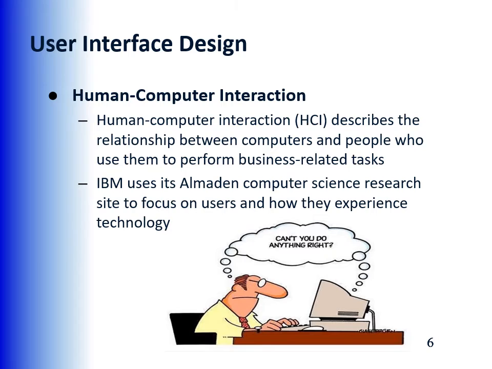Okay, human-computer interaction. Okay, HCI describes the relationship between computers and people who use them to perform business-related tasks. Okay, so for example, IBM used its Almaden computer science research sites to focus on users and how they experience the technology.